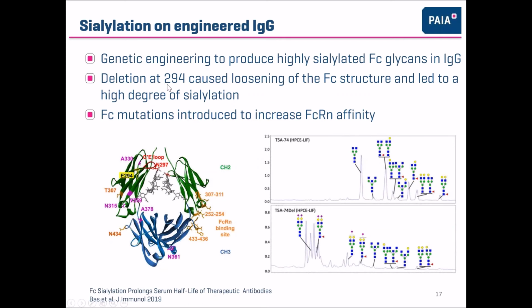So, for example, a deletion at position 294, which caused loosening of the Fc structure and led to a high degree of sialylation on the Fc. That's what you can see here. So this is the wild type, and this is the engineered version with this deletion, and you see that there are quite a lot of sialylated glycans appearing here. So that's the desired effect that was achieved here with this deletion.